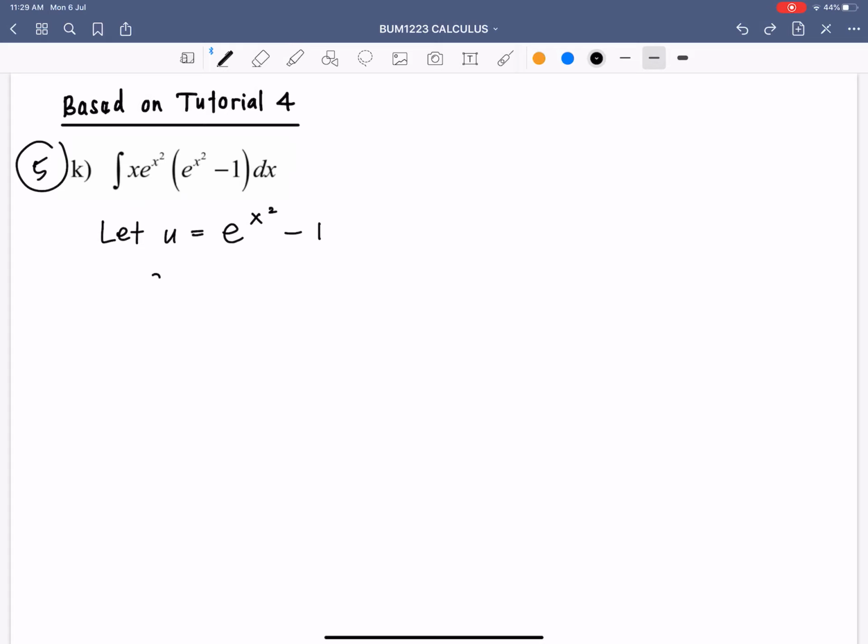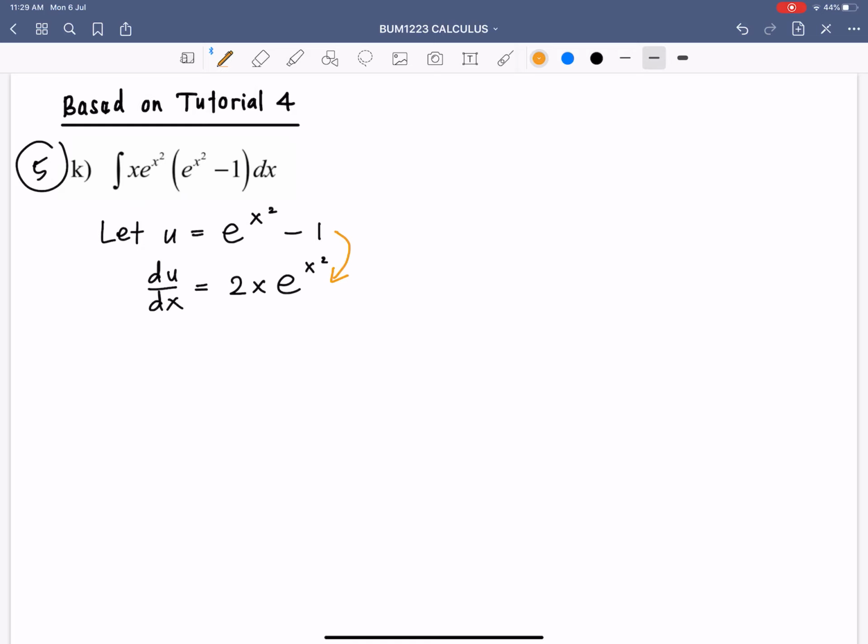So from there, we can find du/dx, where du/dx is 2x e^(x²). If you cannot get the result from here to here straightforwardly like what I did, then I suggest you use the substitution technique for differentiation.